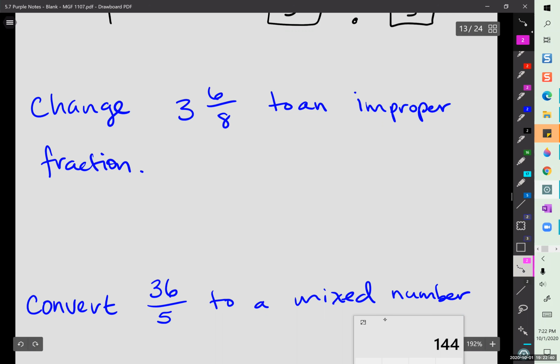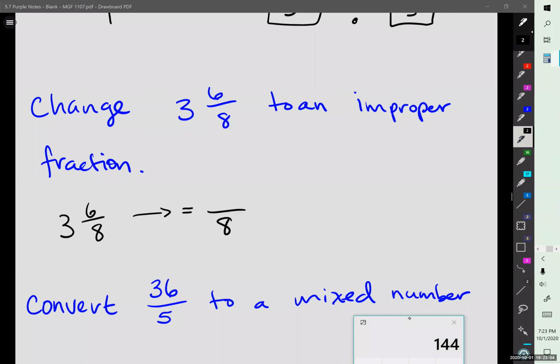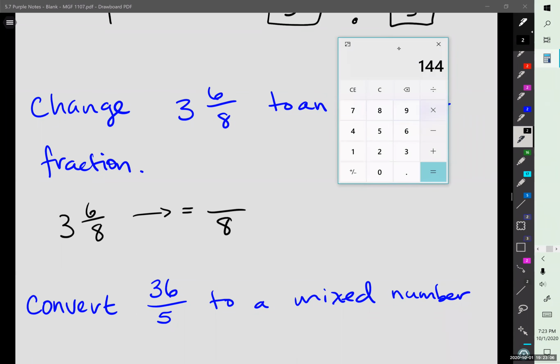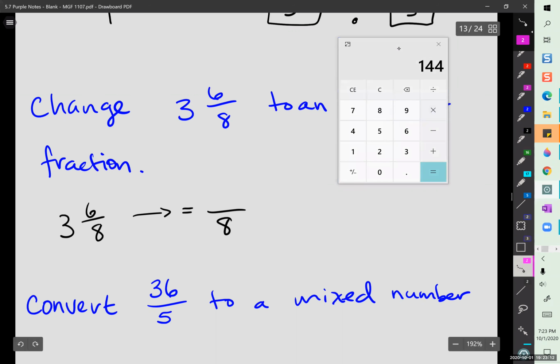Let's go over the procedure to find the improper fraction together. We would start with what we're given, 3 and 6/8. And this is equal to, first, the denominator of the fraction is the exact same for the improper fraction. So I'm going to copy over 8 immediately. That's always the case. And then what you would do otherwise is take the integer 3, multiply it by the 8 in our calculator.